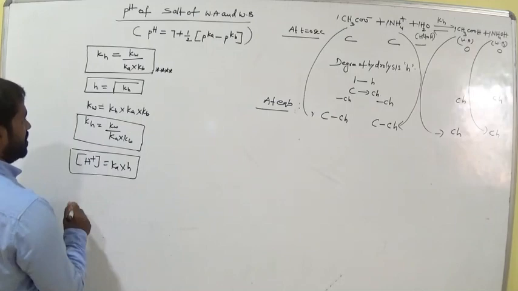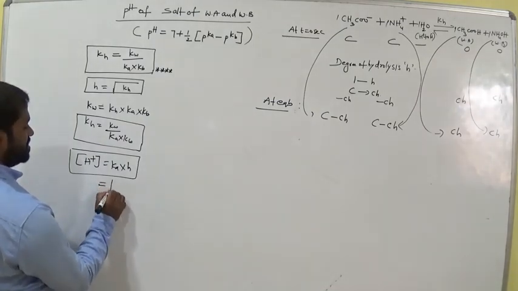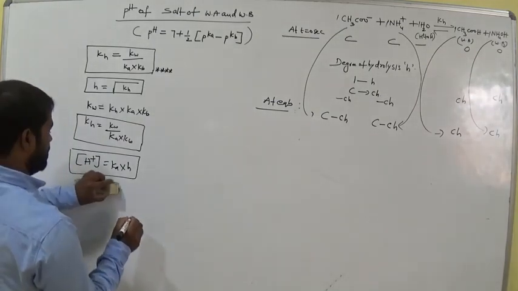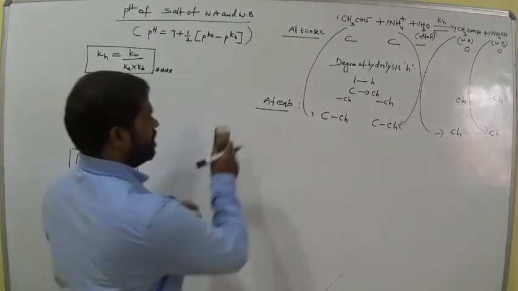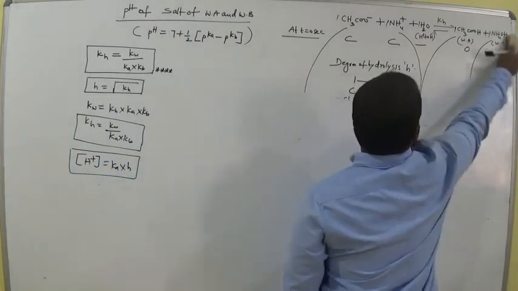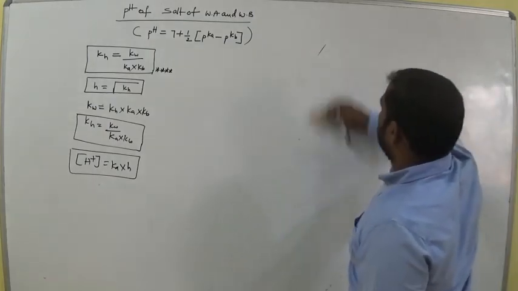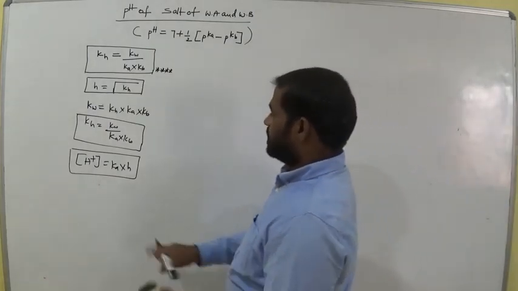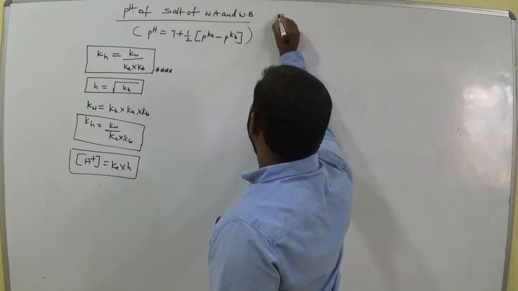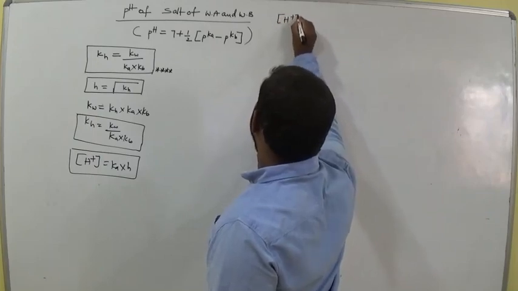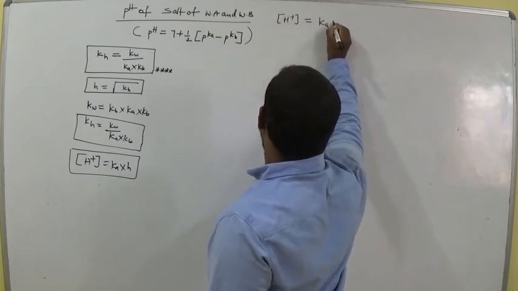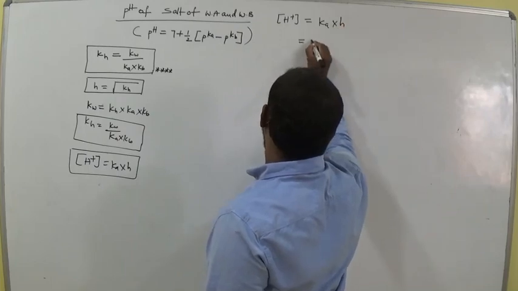Now from this one, this is Ka. Take this one: the H plus ion concentration is equal to the square root of Ka into Kh, am I right?